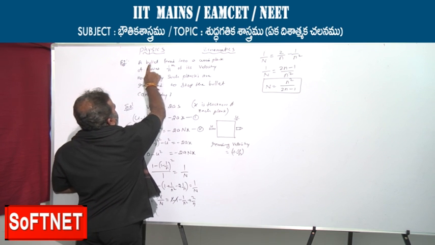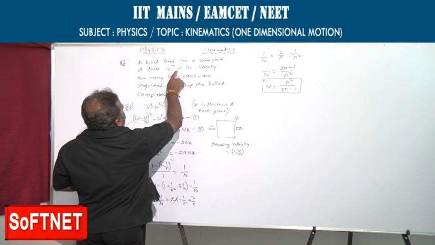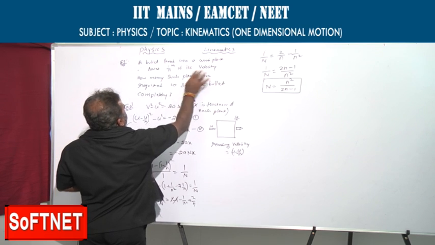Look at the question: a bullet fired into a wooden plank loses 1 by nth of its velocity.